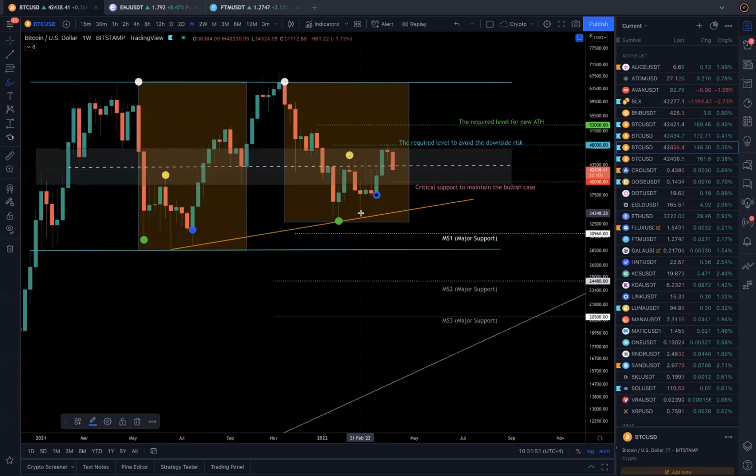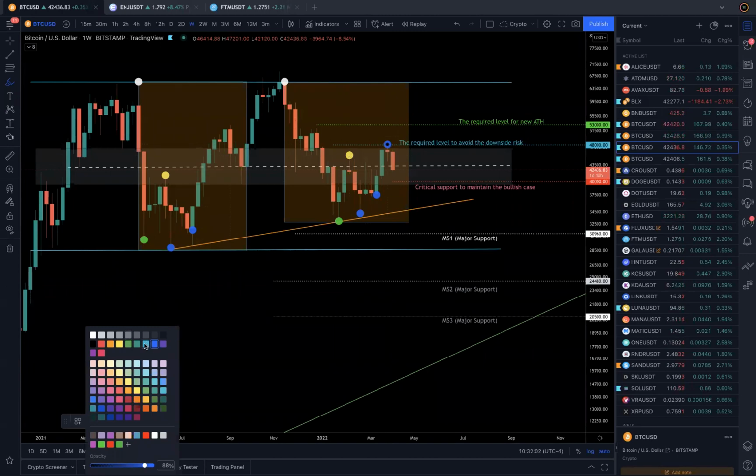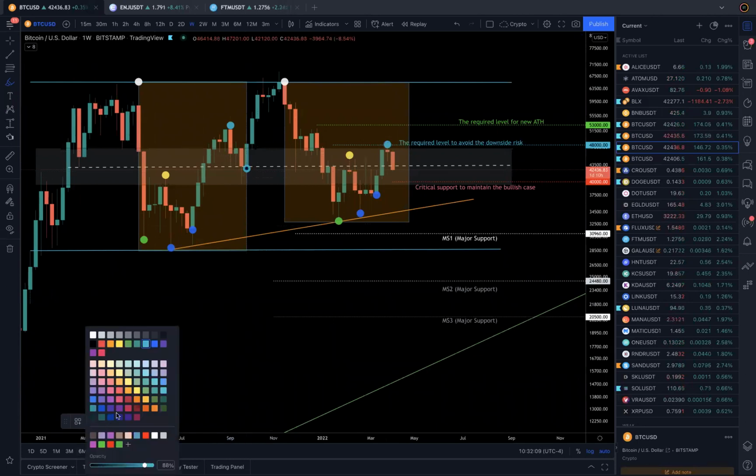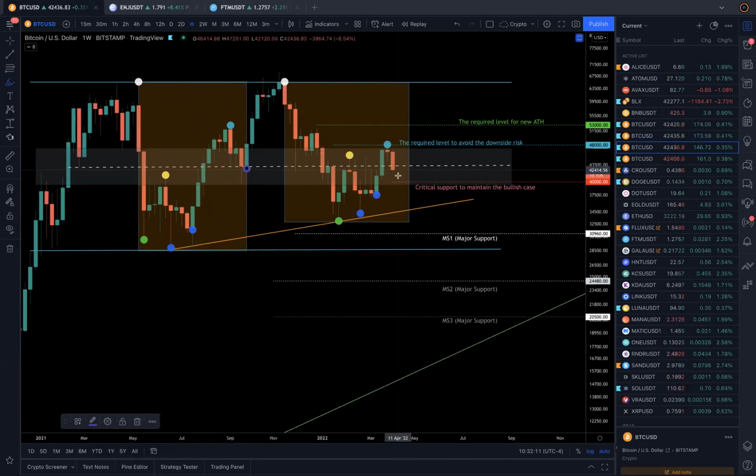Or you can add this one also, it's more or less similar. Compare this. I'm running out of colors. I'll remove this, but you got the idea.